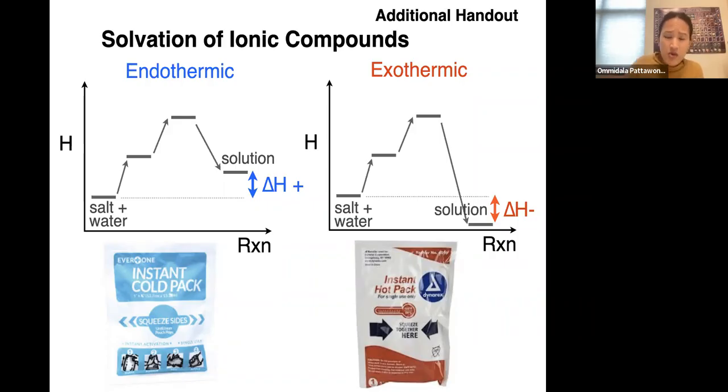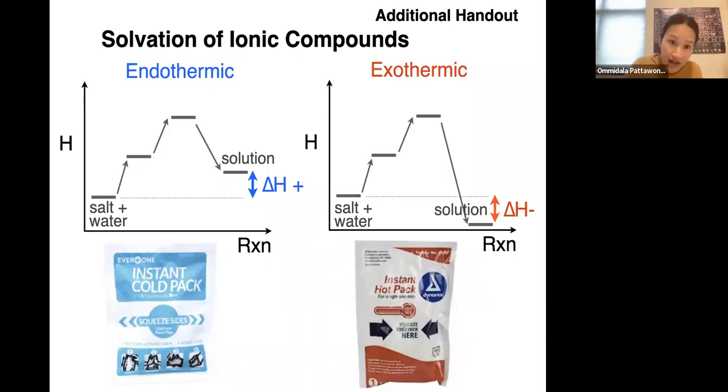Now, if you tie this back into the spontaneity that I mentioned earlier, you will see that an exothermic process is always going to happen spontaneously, because the lower enthalpy is the driving force along with the increasing entropy.